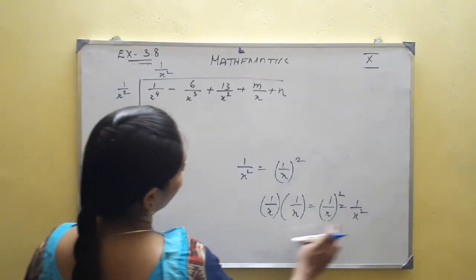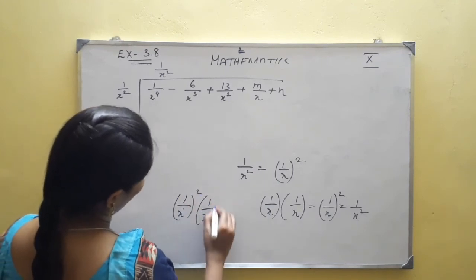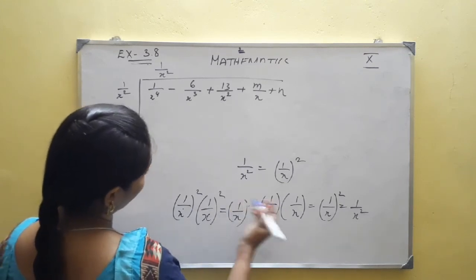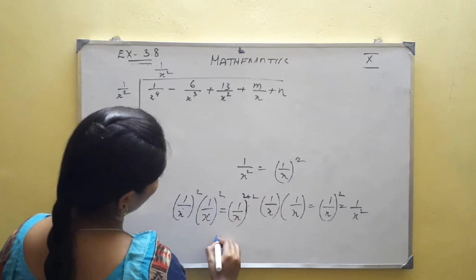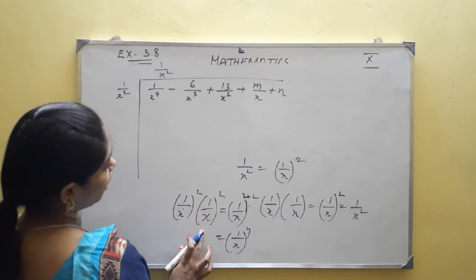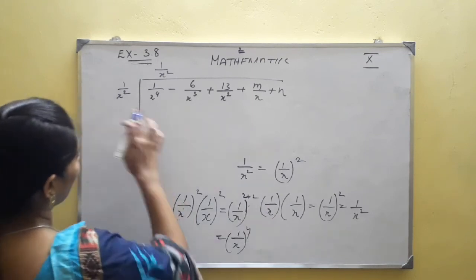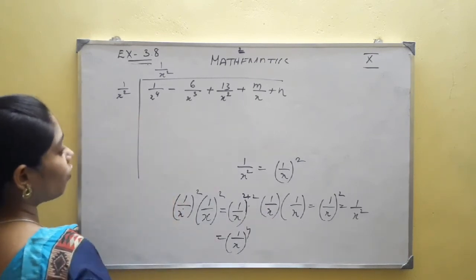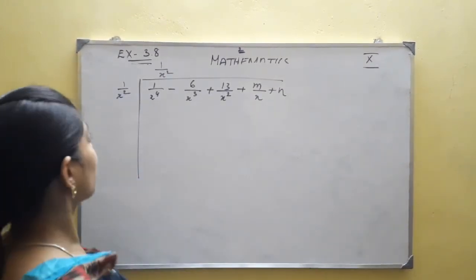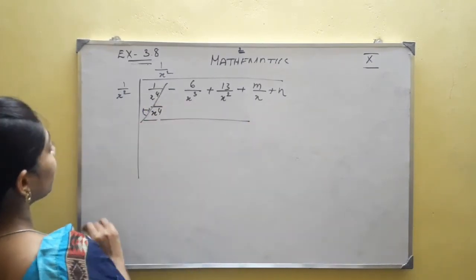So 1 by x square into 1 by x square gives me 1 by x the whole power 4, since 2 plus 2 gives me 4. With that idea, I am writing 1 by x square into 1 by x square. So it gives me 1 by x power 4. While changing the sign, it gets cancelled.